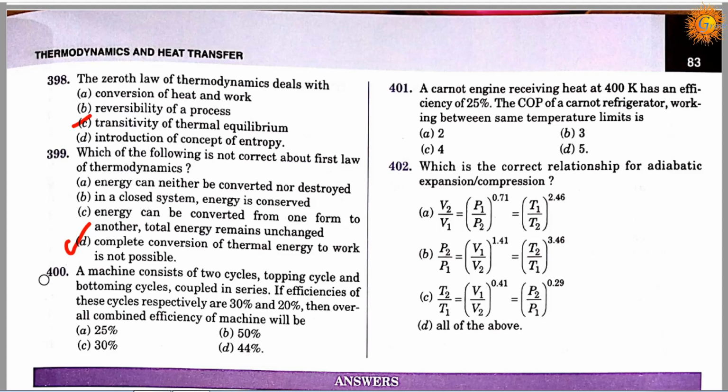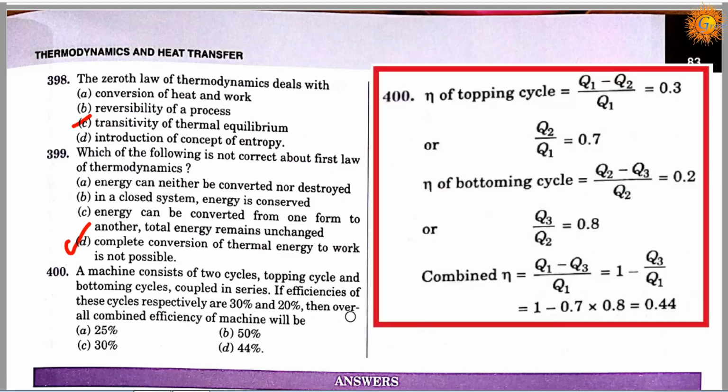Question number 400. A machine consists of two cycles, topping cycle and bottoming cycle, coupled in series. If efficiencies of these cycles respectively are 30% and 20%, then overall combined efficiency of machine will be.